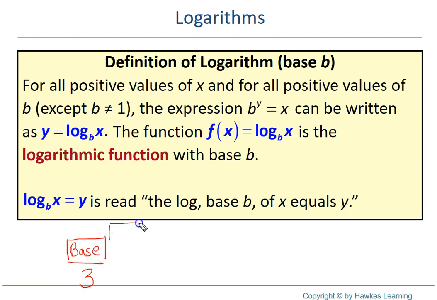And then on that base we have an exponent, such as 2. And that's going to equal an answer. So 3 to the second power, our base to the second power, that's our exponent, 2, is 9.